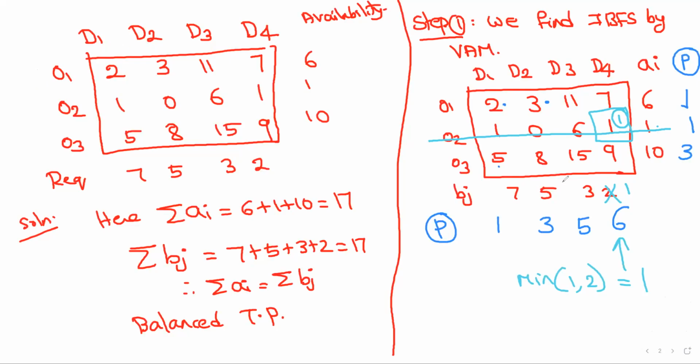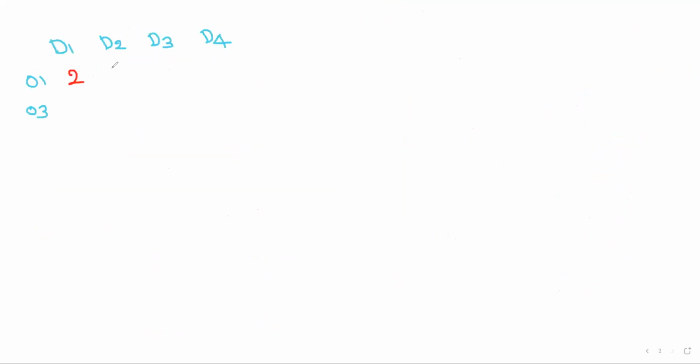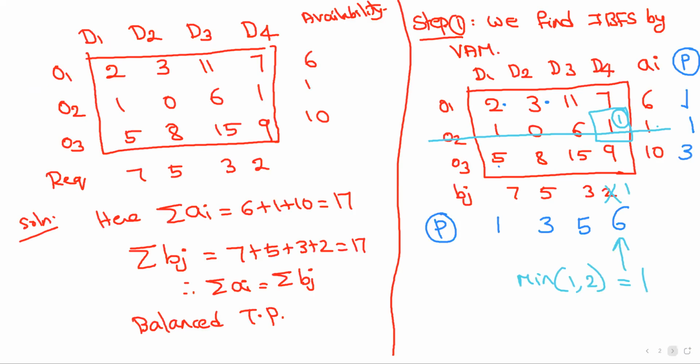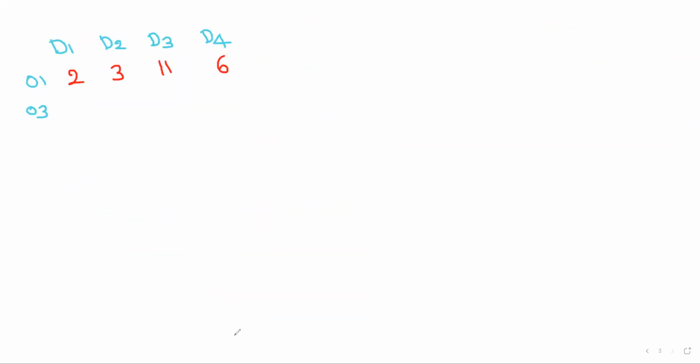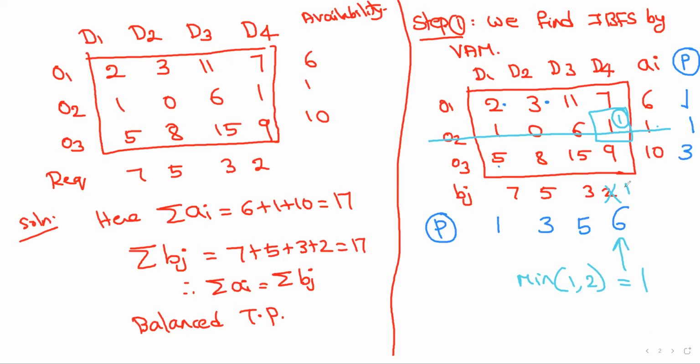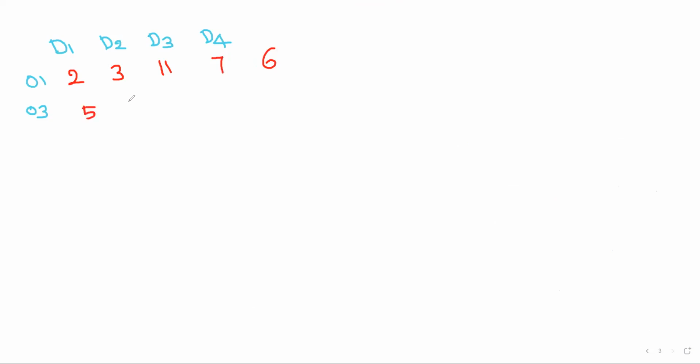First row is 2, 3, 11, 7, with availability 6. Next here we have 5, 8, 15, 9, with availability 10.